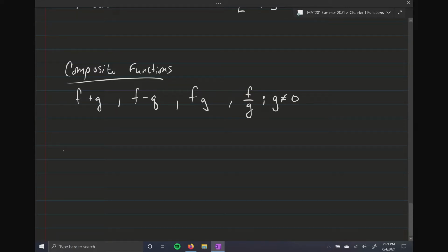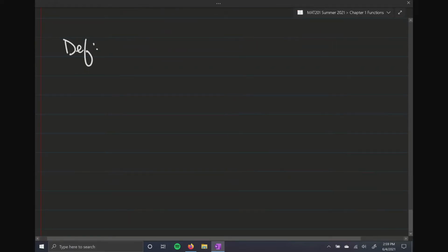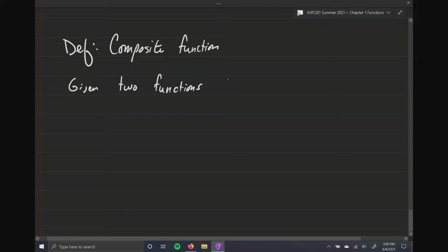So let me go ahead and define what that is. So, definition. I'm going to call this composite functions, or just a composite function. And here's our definition right here. Given two functions, let's call them f and g, and that's very standard. In every textbook you see f and g.